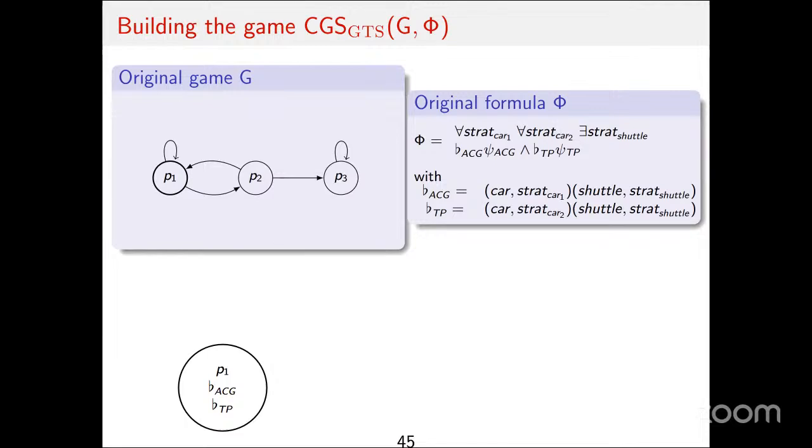So for our example, we only have two. I have to mention that this construction is effective for the conjunctive goal and the disjunctive goal fragments. So when we have only conjunctions of binding LTL formula or disjunction of binding LTL formula. I will discuss that a little bit later.